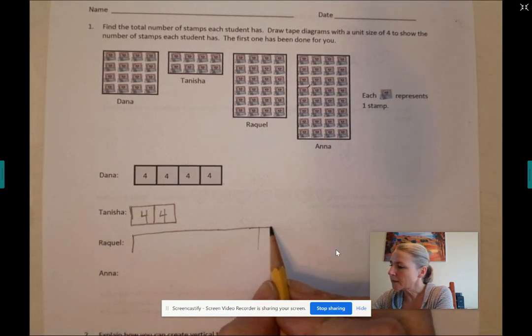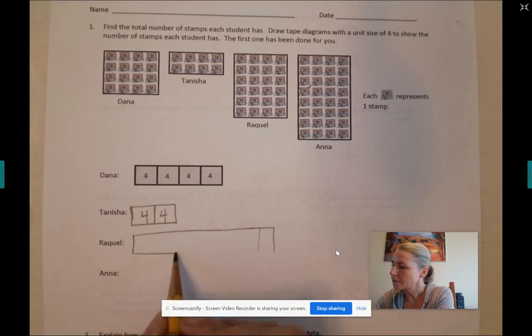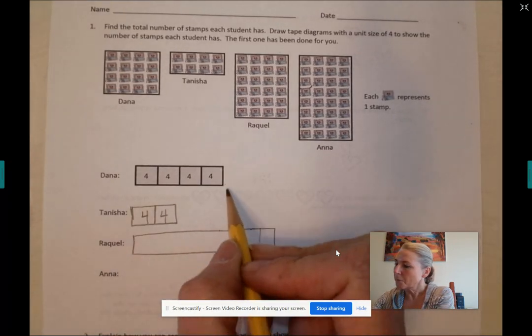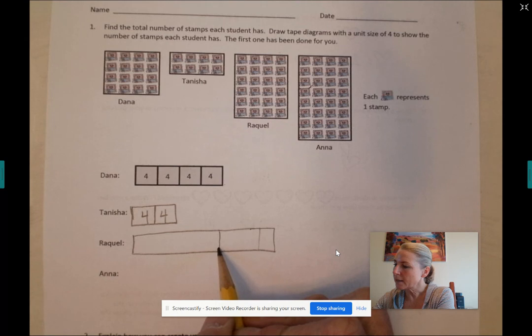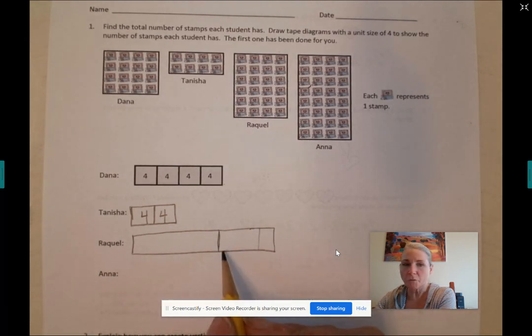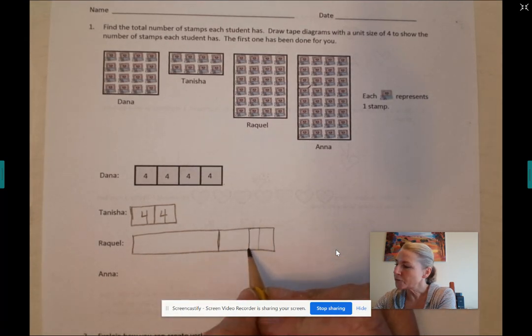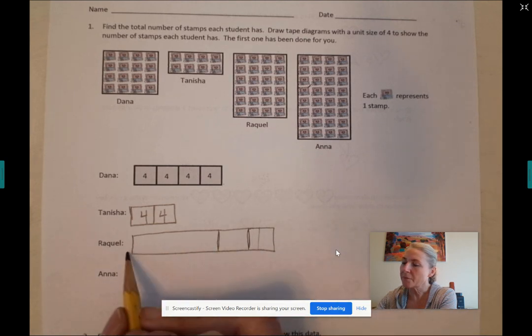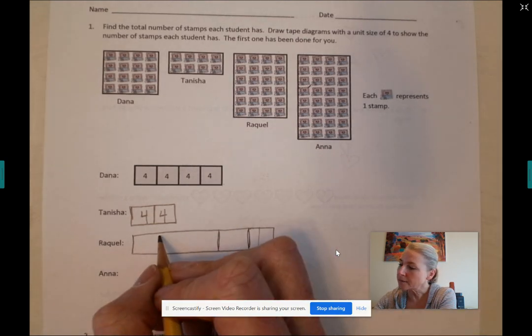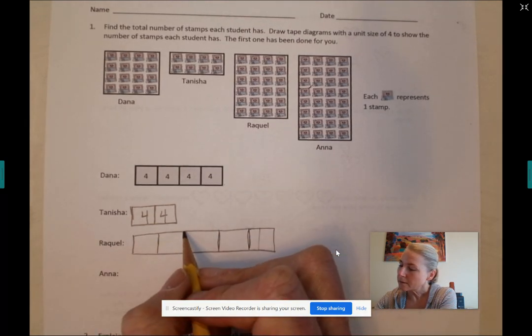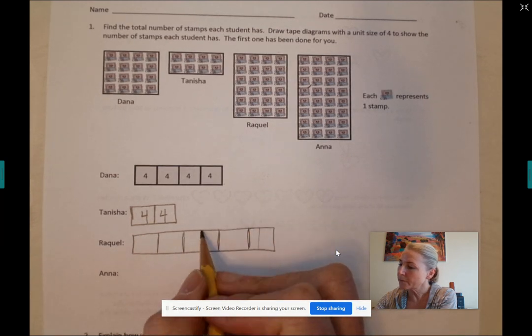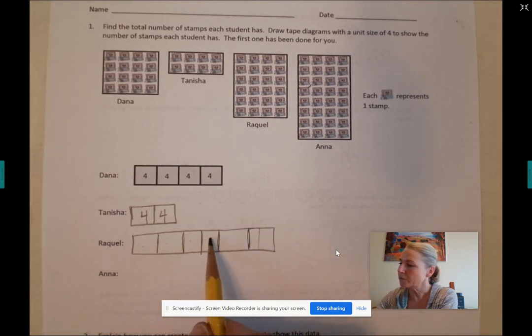I have to estimate out a block. So if I pull this down, it means I need to fit 4 in here and 2 additional. That would mean I would need 3 cuts. So 1, 2, 3. 1, 2, 3, 4, 5, 6.